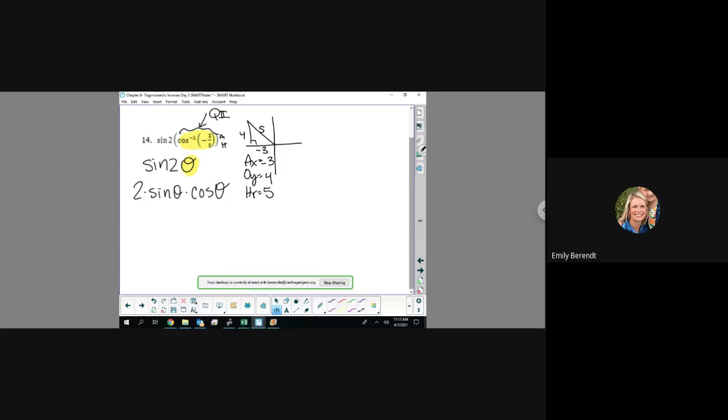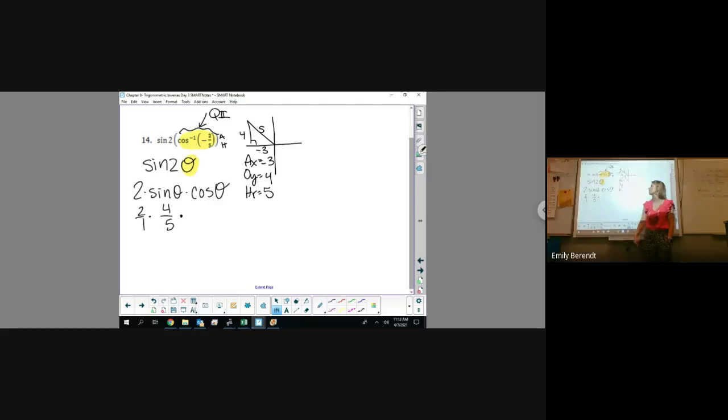So this 2 can be written as 2 over 1 times the sine of theta. You have a normal trig word followed by an angle theta. Your answer is a ratio. So we need the ratio for sine using theta's values. So we need the O over the H, which is 4/5, times the cosine of theta. Normal trig word followed by an angle gets replaced with a ratio. So we need the ratio for cosine, which is A over H, using theta's values.